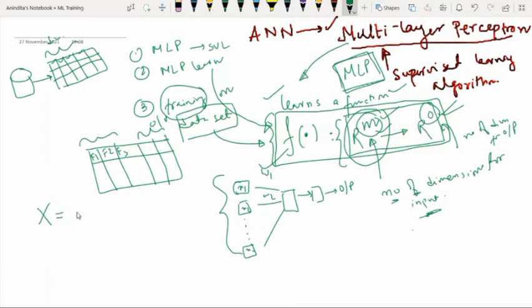If I write capital X is equal to x1, x2 up to xm inputs, and say our target is y. So what are these x1, x2 and xm? All these x1, x2, xm are basically features of the data set.